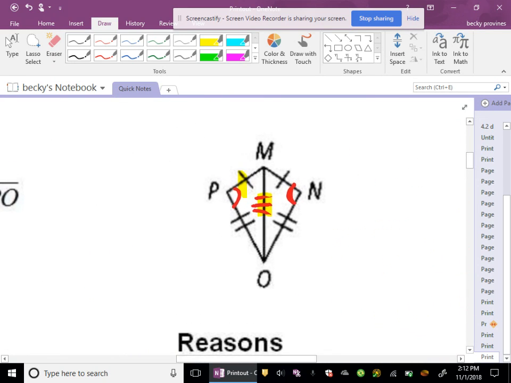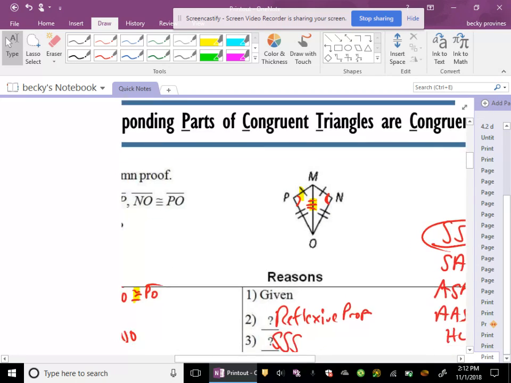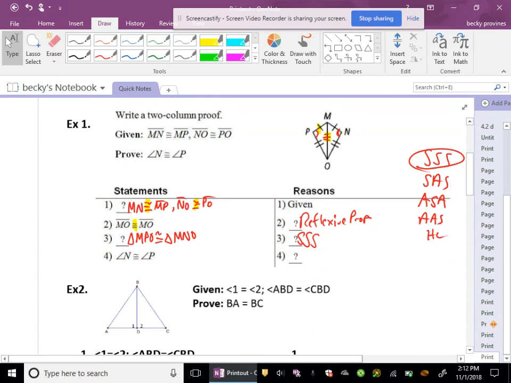Well, on this picture here, P and N are technically congruent because the triangles are congruent and every part of every triangle has a corresponding part. So we're just going to answer using those 5 letters, CPCTC, which again means corresponding parts of congruent triangles are congruent. And you're finished. So you're going to finish every proof with those 5 letters, CPCTC.